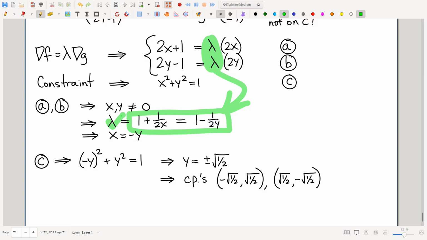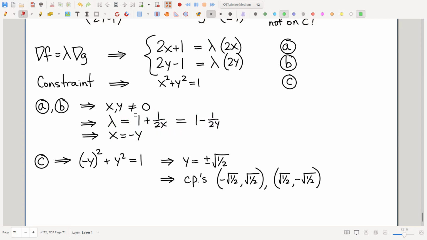The problem, solve for lambda, I have to divide by x in the top equation, I have to divide by y in the bottom equation, and you can't just go around dividing by stuff unless you know it's not 0. So, it's annoying, but you gotta do it.